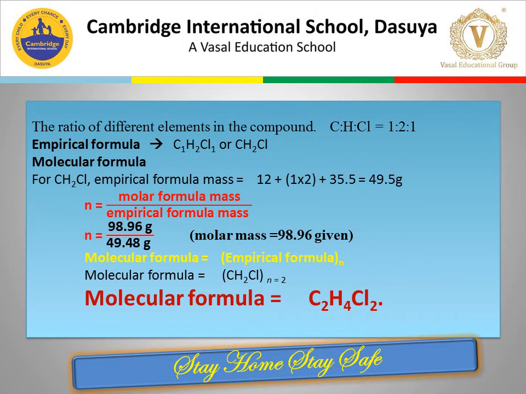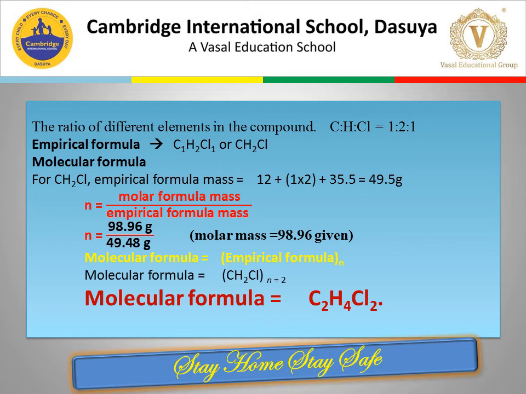Now that we have obtained the ratio of different elements present in the compound, we can write the empirical formula as C1H2Cl1. This will be the empirical formula. Now we have to find out the molecular formula. For that we will require the empirical formula mass, and the empirical formula is CH2Cl.